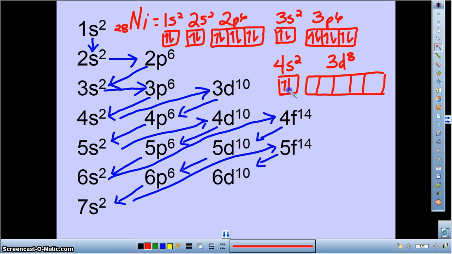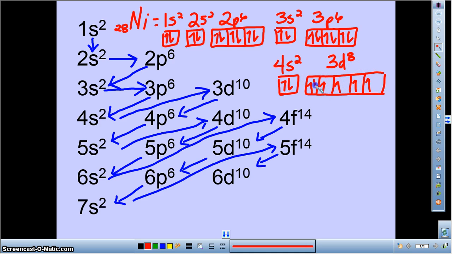Now, this 3d does not have a full house. So you do this like you would if you were going to put people up in rooms. You have 5 bedrooms and you have 8 people. So ideally, each person, or each electron in this case, would have its own bedroom. Remember, electrons repel each other, so they really don't want to share orbitals to begin with. And if they do, they have to have opposite spins. So we put each one of them in a room to themselves. So that accounts for 1, 2, 3, 4, 5 of the 8.